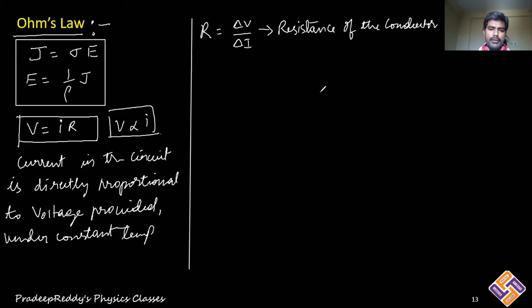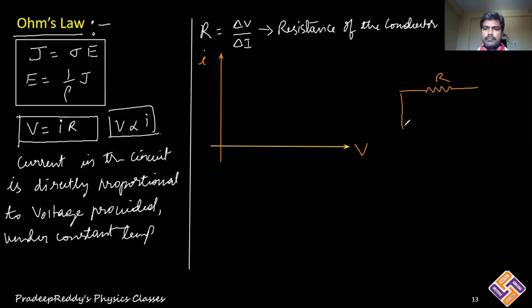Now from Ohm's law you can understand that whenever you connect a conductor to a battery, and you measure current and voltage for that particular conductor, say here we take a resistor which offers some resistance, its value is R, and I connect it to a battery of some voltage V along with a tap key.